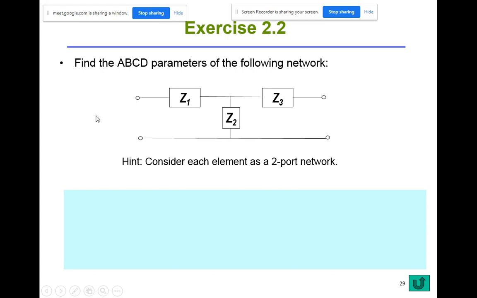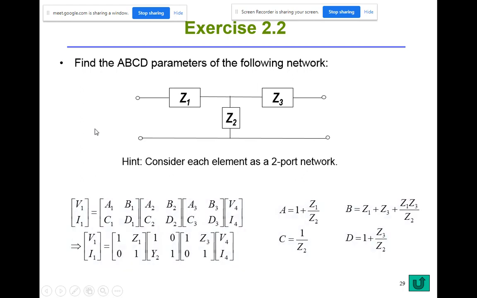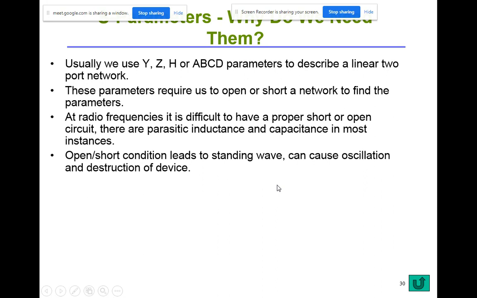Of course, the straightforward method is to multiply. You multiply the ABCD matrix of the first block with the ABCD matrix of the second block with the ABCD matrix of the third block. And this is an example for a T network. You can do the same for a pi network or any other kind of network.